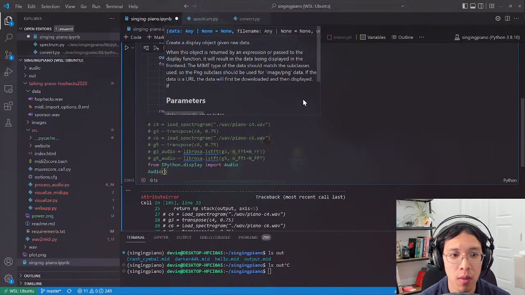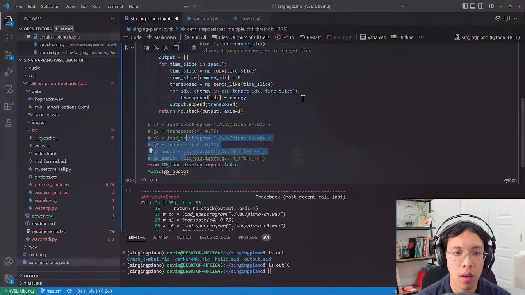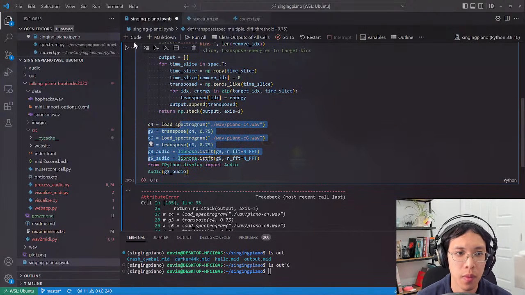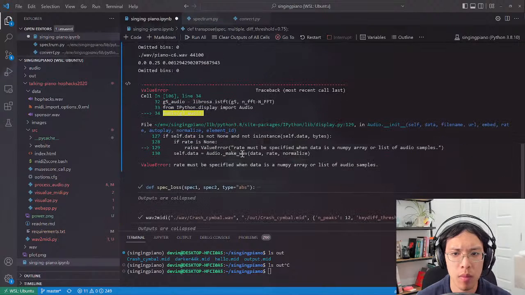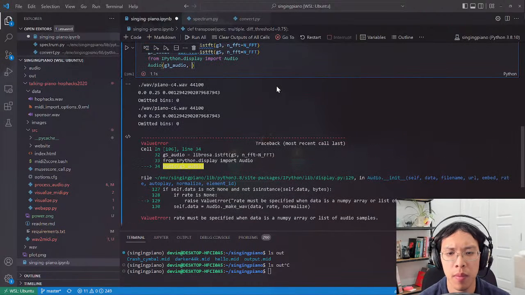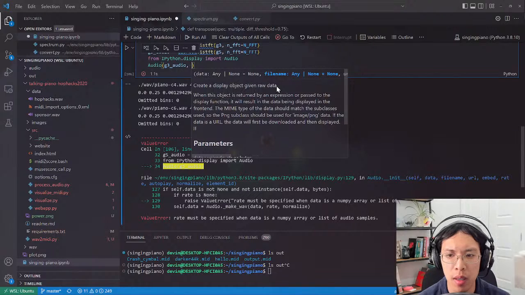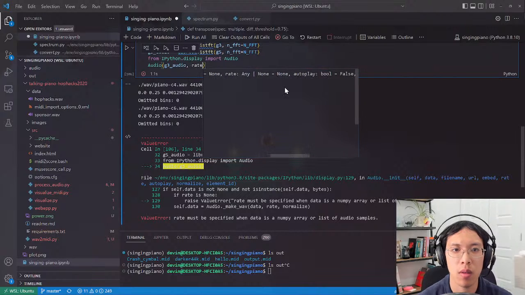If I run G3 audio through this, let's see if that does anything. Hang on. Rate must be specified when data is a NumPy array, so what is the argument for rate? Okay, rate. Rate is going to be our sample rate.